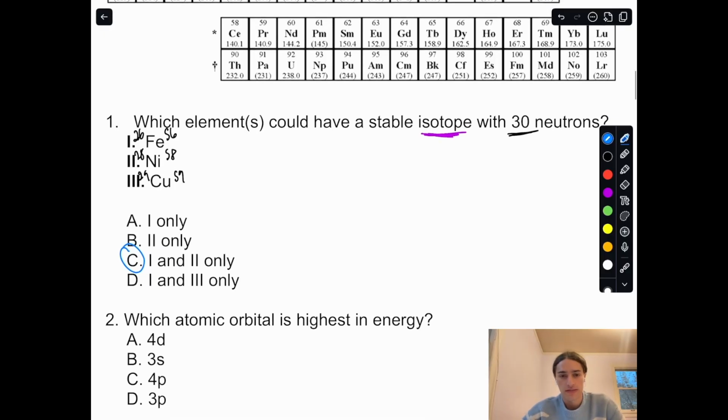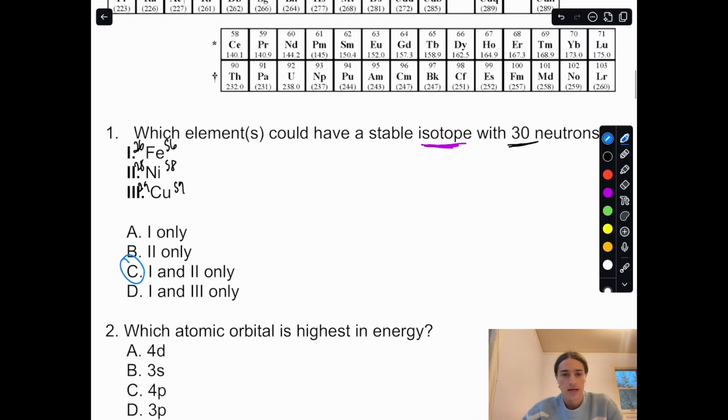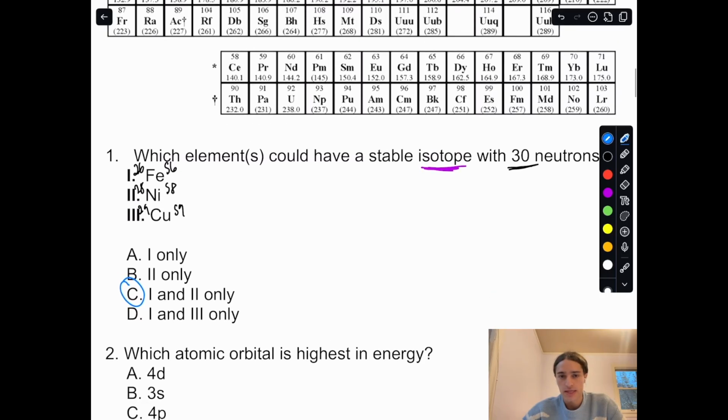Okay, so I hope that's feeling pretty good. One thing I'll point out real quick is notice that there's not an answer choice that says 1, 2, and 3. Because as an undergraduate taking the MCAT, you're not really going to know for certainty how to tell what isotopes are stable or not. There's a lot of complicated factors that go into that.